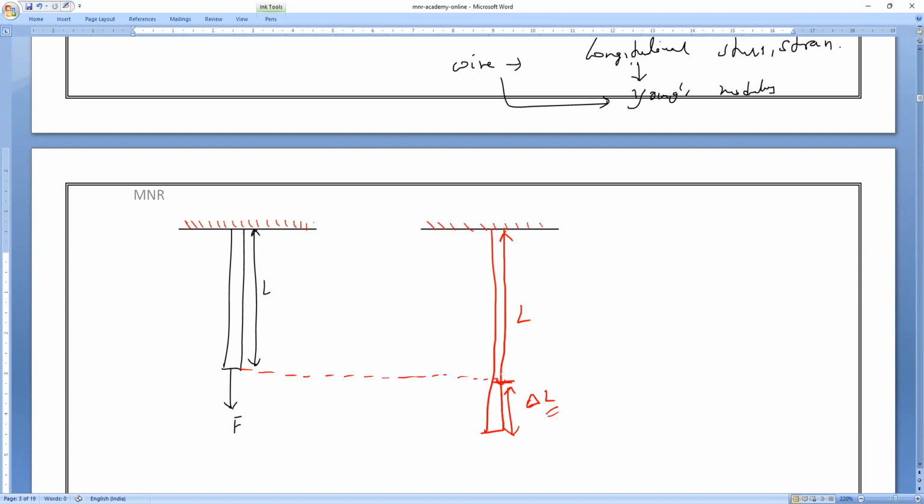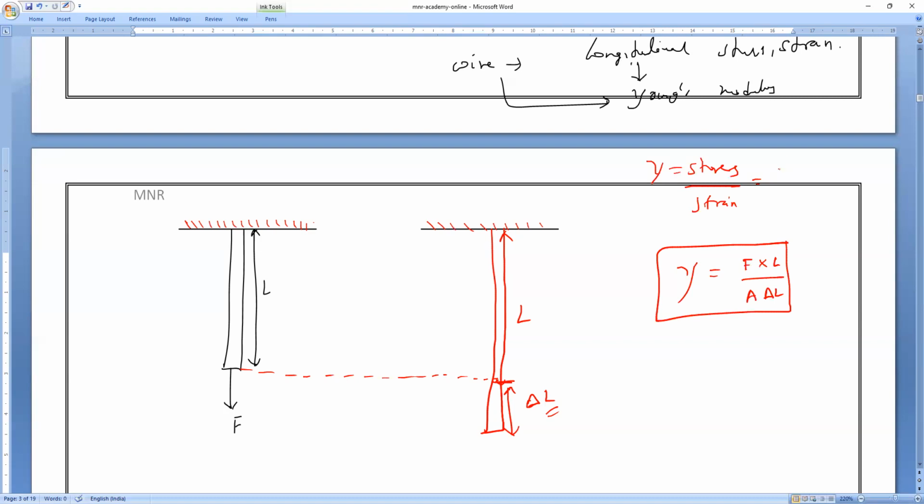The length has increased because of the force. Now, if you observe carefully, we all know that Young's modulus is equal to force into length divided by area into change in length. This formula comes from Young's modulus equals stress divided by strain.